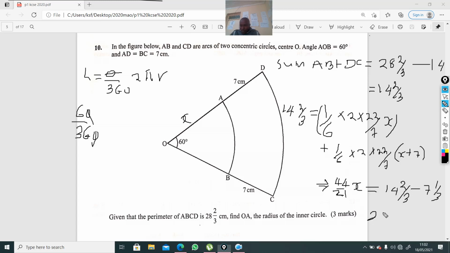So this gives your x to be equal to 7 over 2, which is equal to 3.5.